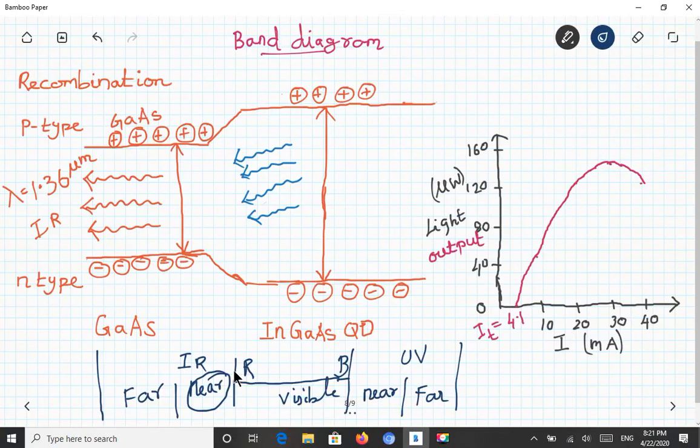What is the advantage of using a quantum dot laser when we already have homo and hetero gallium arsenide semiconductor lasers? We already saw gallium arsenide. Using the gallium arsenide N and P type, we already produced an IR output.